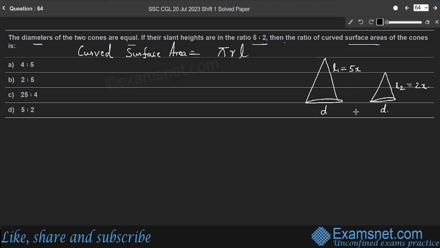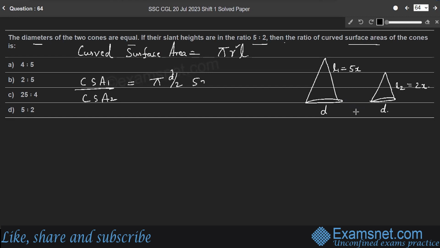Therefore, the ratio of their curved surface areas, CSA1 to CSA2. The curved surface area of cone 1 is pi into R, where R is diameter by 2, right? Since diameters are equal, radii are also equal, so we'll directly consider d by 2 as the radius.